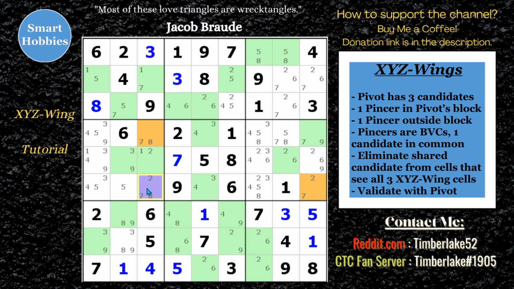If this was a 2 and an 8, for example, and that wasn't a 7, then you would have an XY wing, and you can eliminate a 7 from any cell that sees both of these 2 orange ones. And so you'd be able to eliminate all across here and across here. But since it's an XYZ wing, you're only going to be able to eliminate within the same block as where the pivot is and one of the pincers.